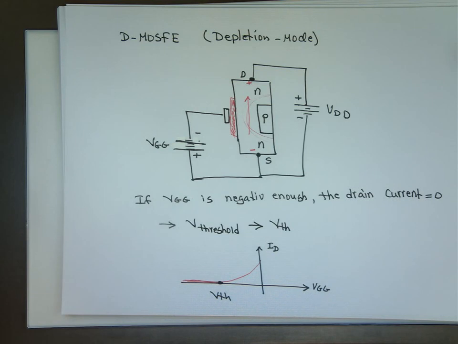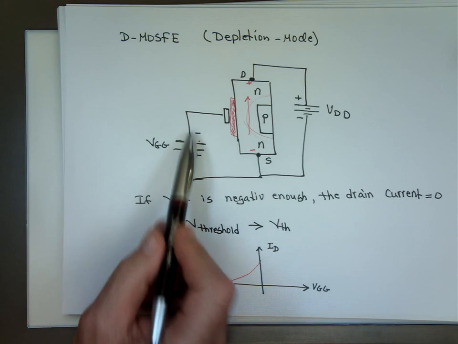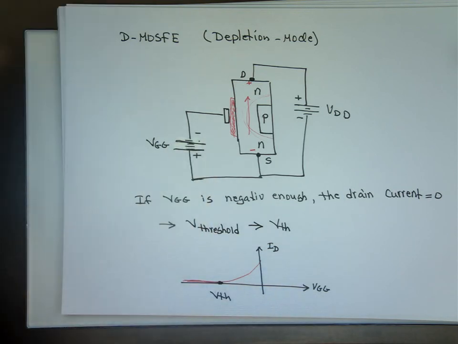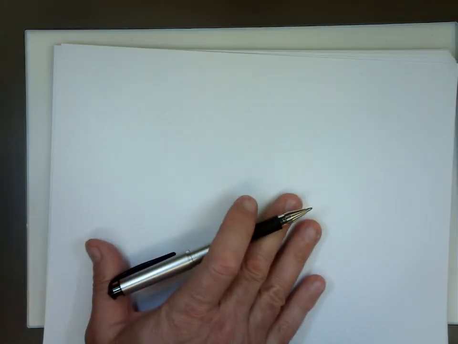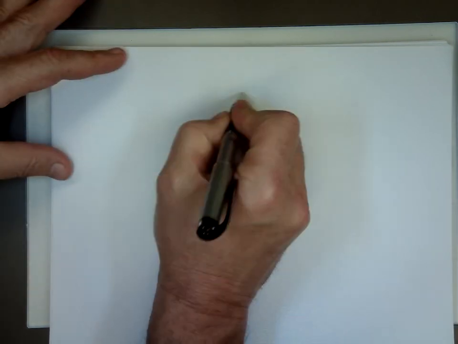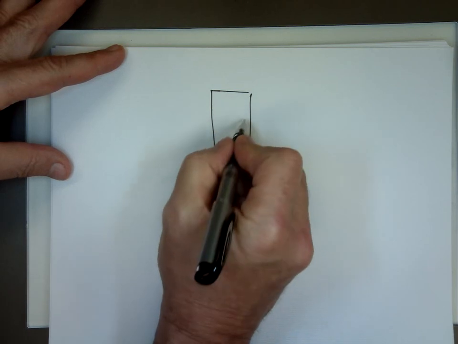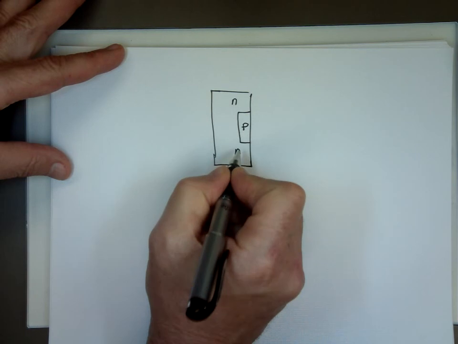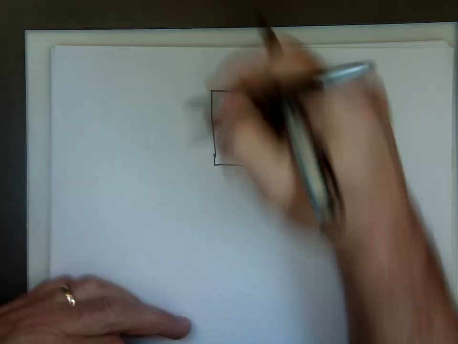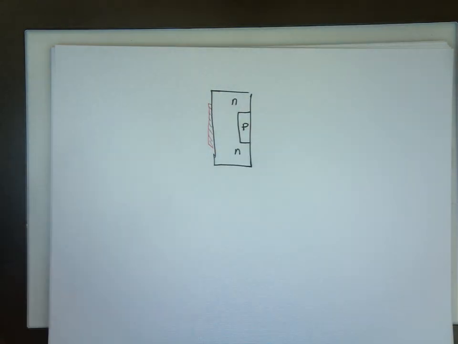And now what happens if I put a plus voltage on the top, minus on the bottom, instead of the reverse of that? So if we take a MOSFET now, and again, this is my thin layer here, and this is my gate right at the end of it.